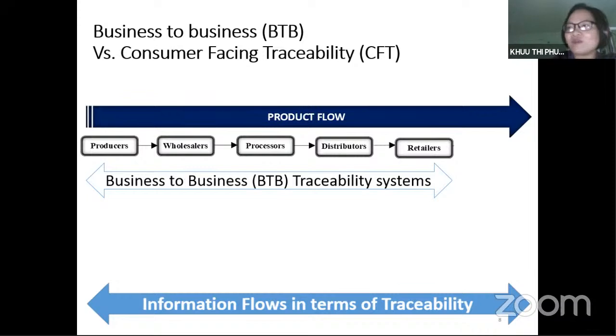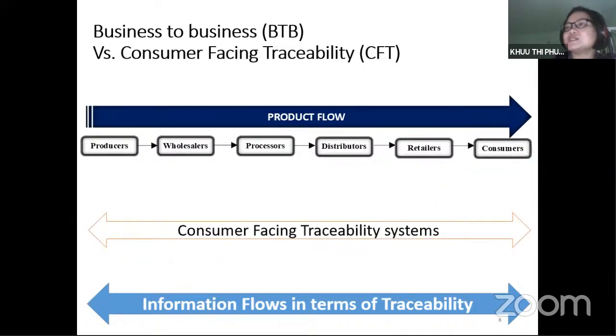They share information in the business to business system to manage their cost, manage their input quality, and increase their efficiency.